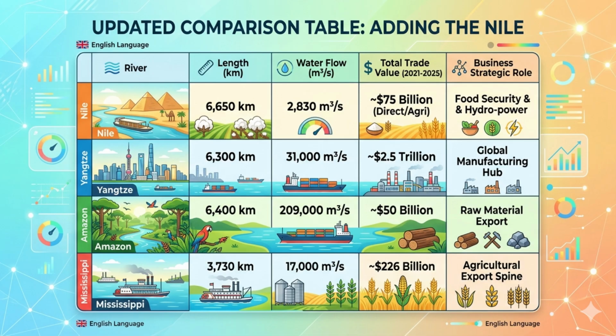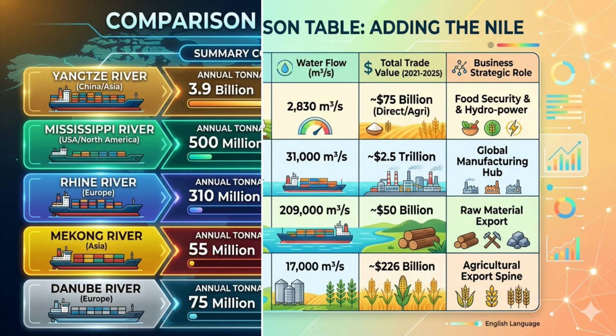In the subsequent few slides, I capture some of the rivers to do a comparison. For example, in this slide I compare the Yangtze, Amazon, and Mississippi. You can see their length, the water flow, and most importantly the total trade value, and what kind of products or business focus these rivers serve.